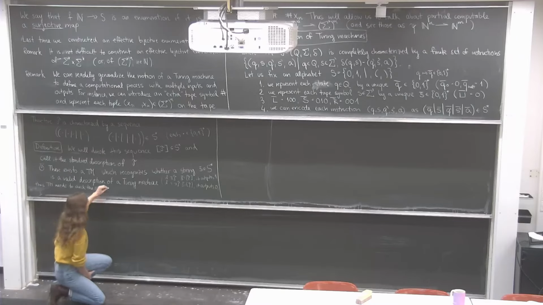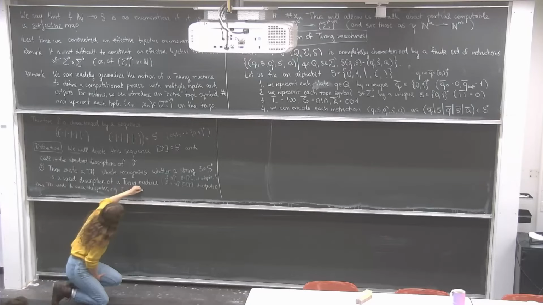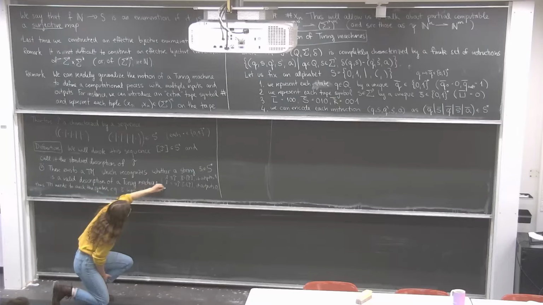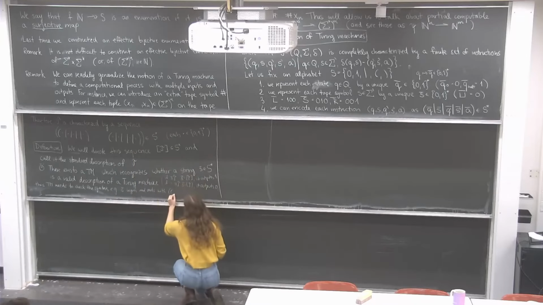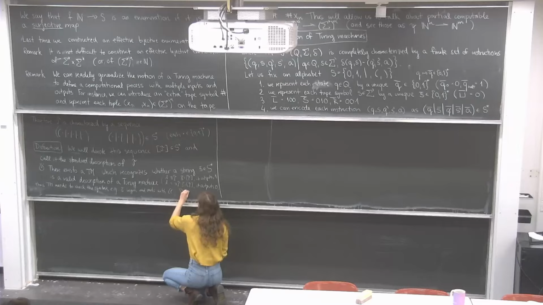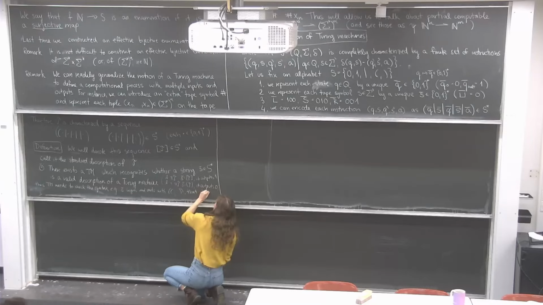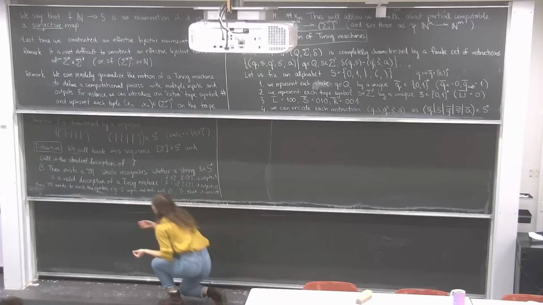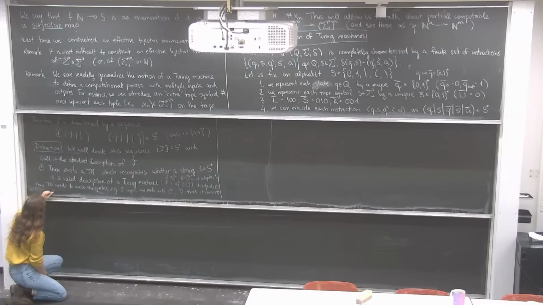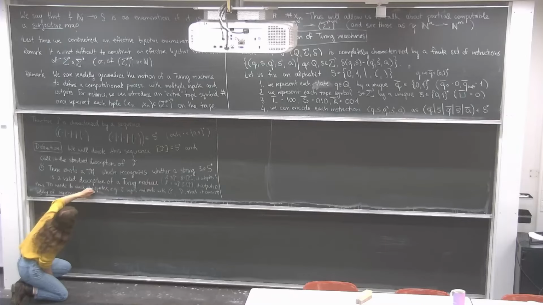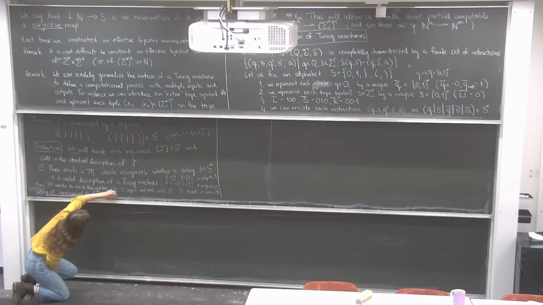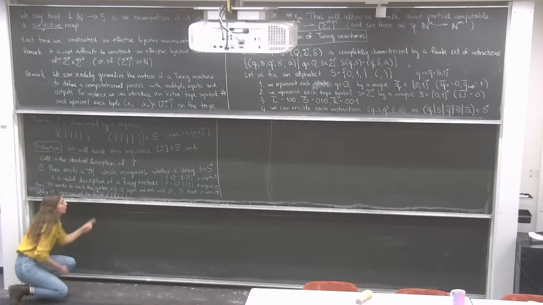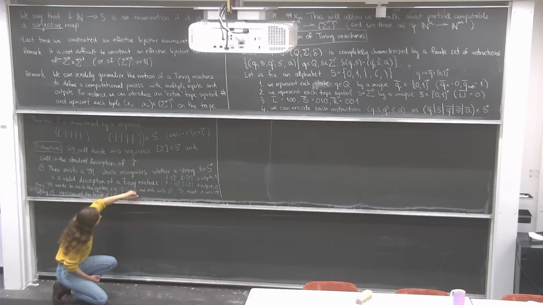So, for instance, that S begins and ends with this symbol and this symbol, that it consists solely of sequences of the form one, two, three, four, five, where each of these is just a binary string.